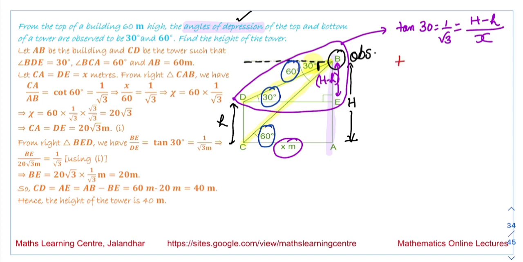Next, if we consider the triangle BCA, we have tan of 60 degree, that is root 3, equal to capital H by x.